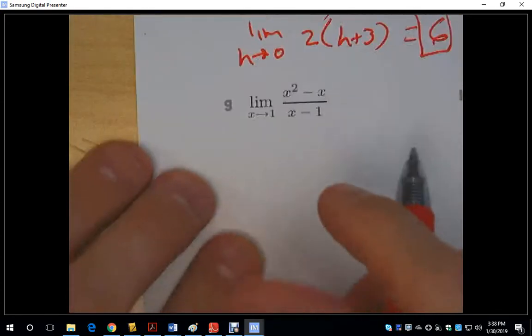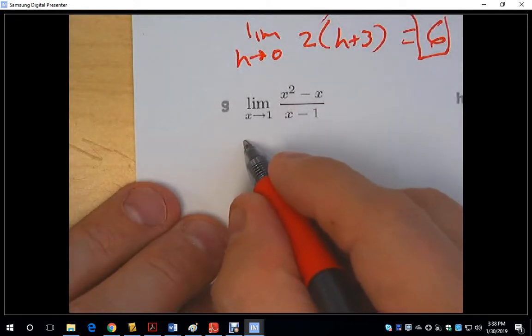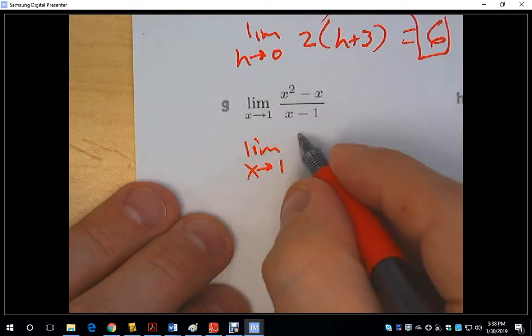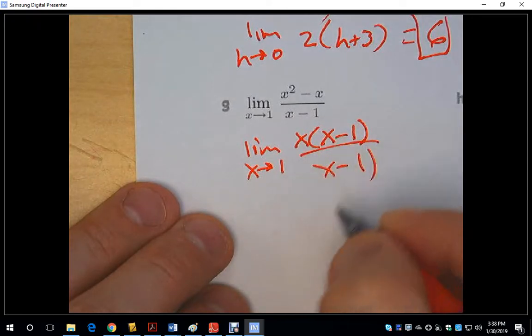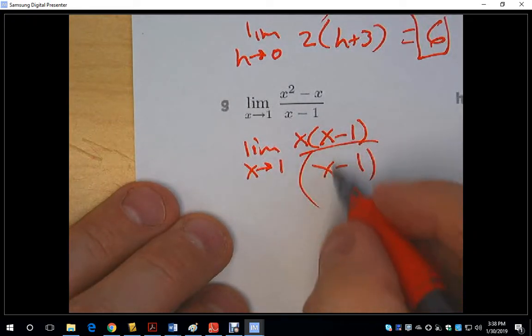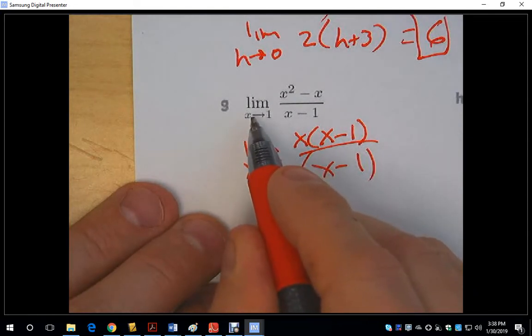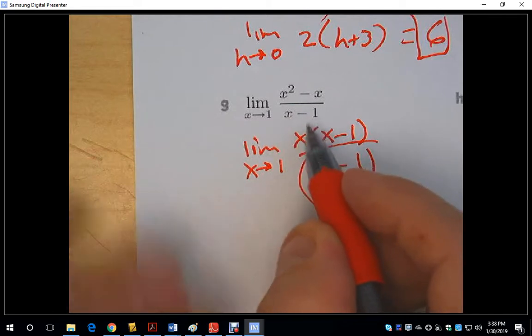Right, the next one, factor out an x. These are getting sort of boring. It's basically the same thing. And so I'm going to factor out an x to give me x minus 1 over x minus 1. Well, this x minus 1 divided by x minus 1, we should notice that if x approaches 1, then I get 1 minus 1, which is 0, and I have 0 in the denominator.